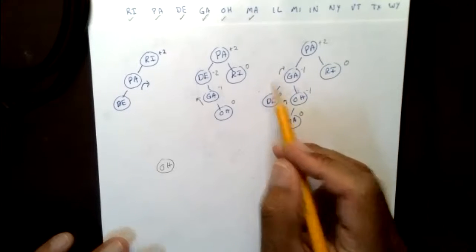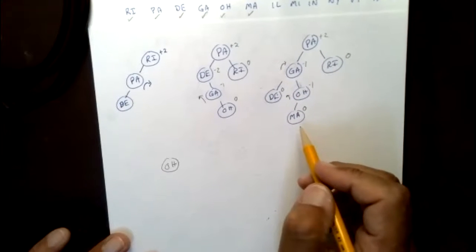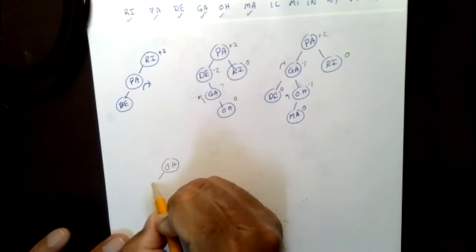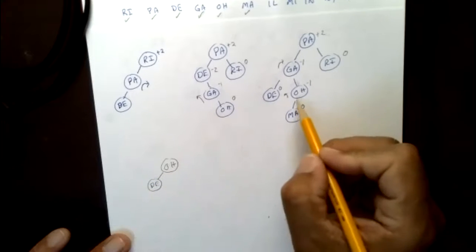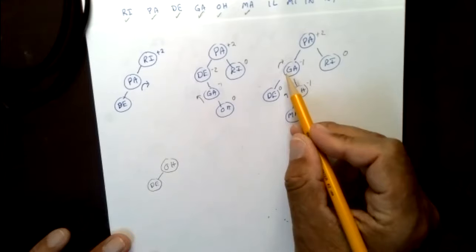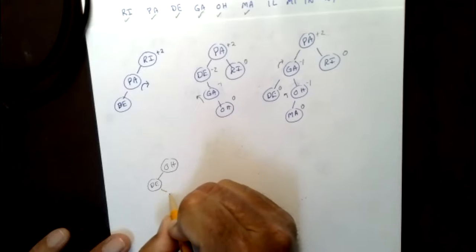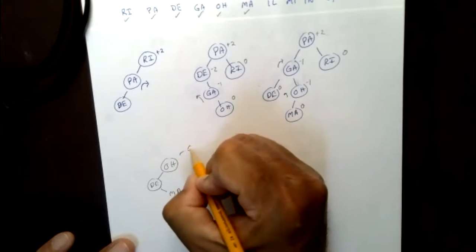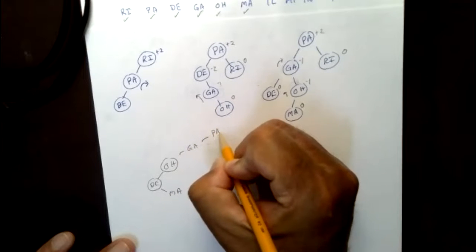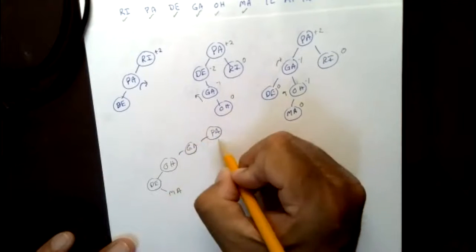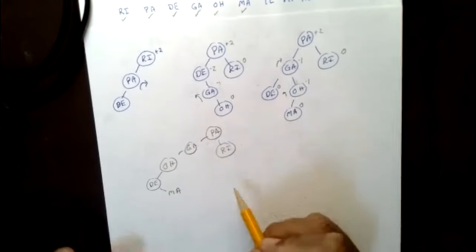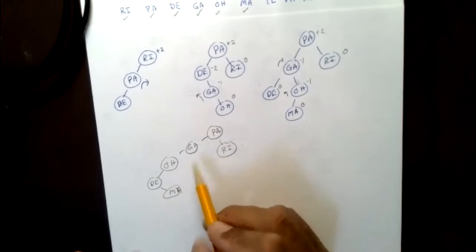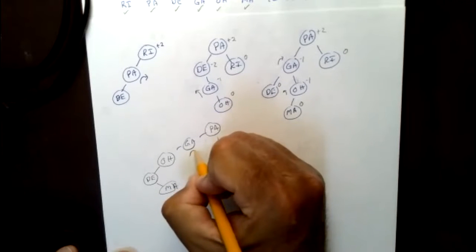So on Ohio, Delaware's to the left. I'm messing this up because Massachusetts would have to go here. Then I have Georgia. Then I have PA. Then I have Rhode Island. And now I do a right on Georgia.